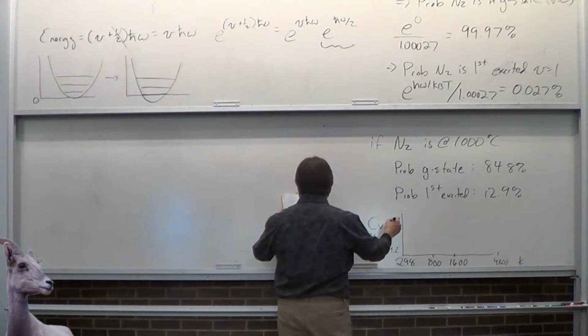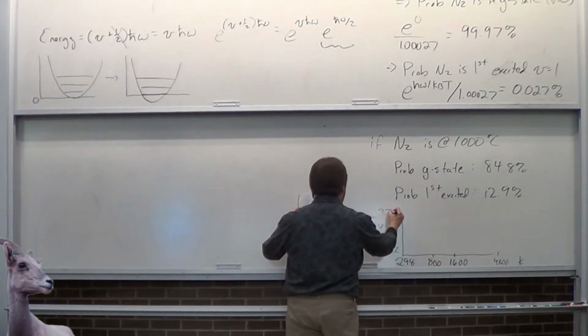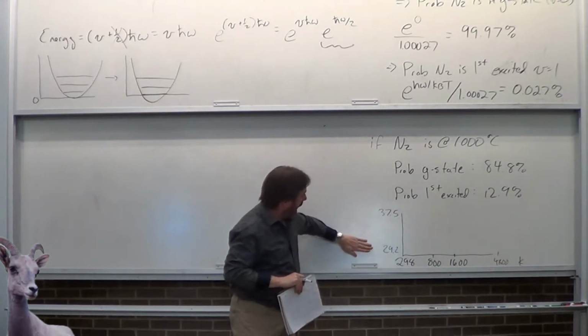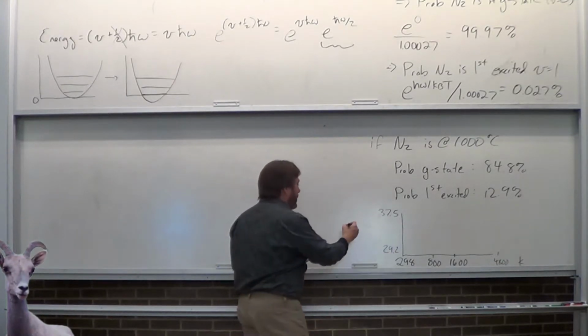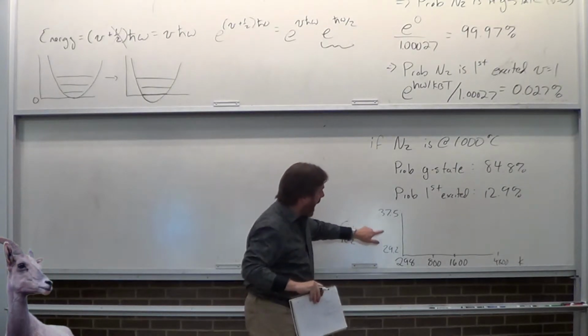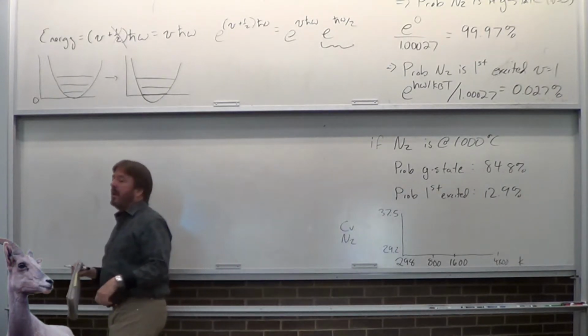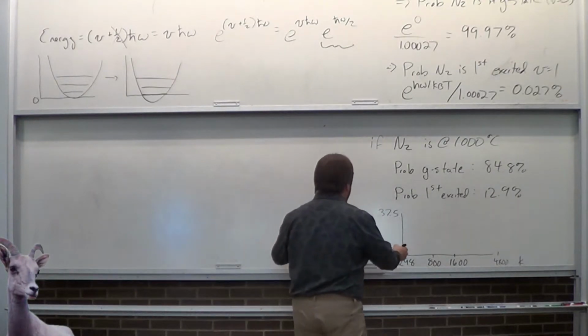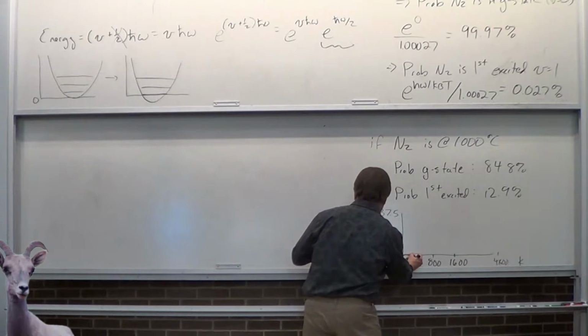If you add R to that, meaning that you've added, so remember, if you add a degree of freedom, that being vibration, you're going to add an R according to the equipartition theorem of heat capacity. So it turns out that you're down at 29.2.